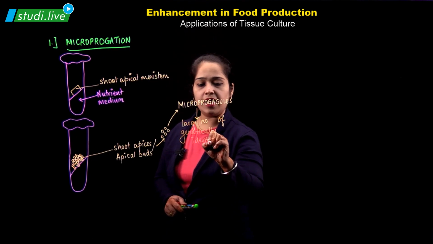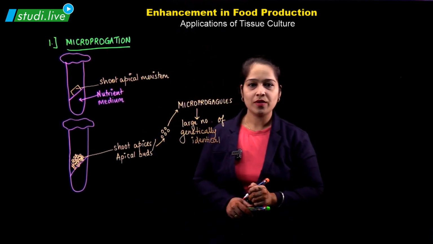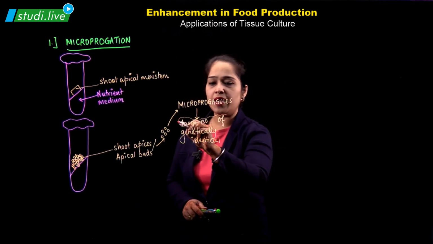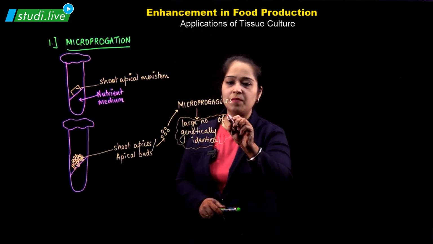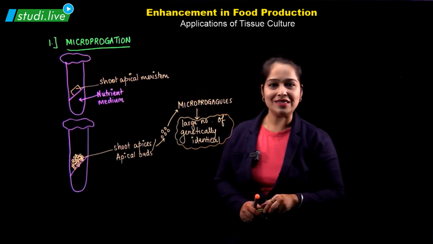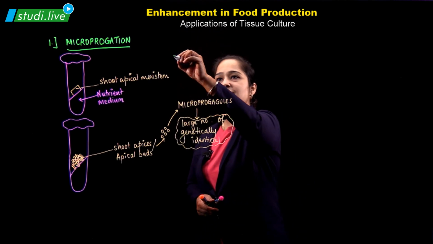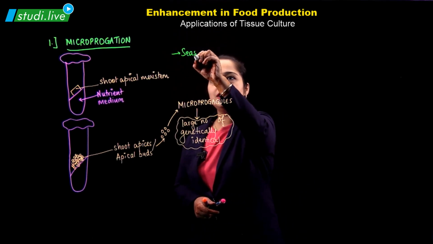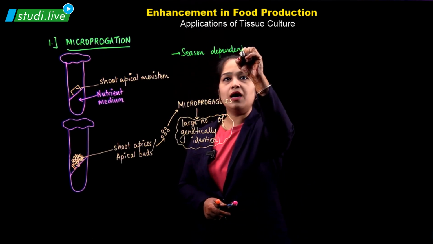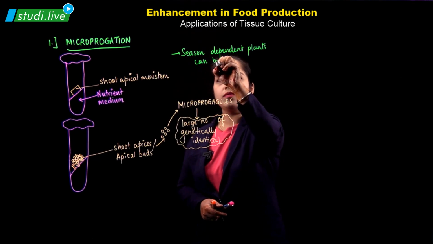So let us see the advantages. Why this micropropagation is useful. The first advantage is we get a large number of genetically identical plants. The second one is those plants which were season dependent, because we are growing them in the tube, become season independent and can be grown.